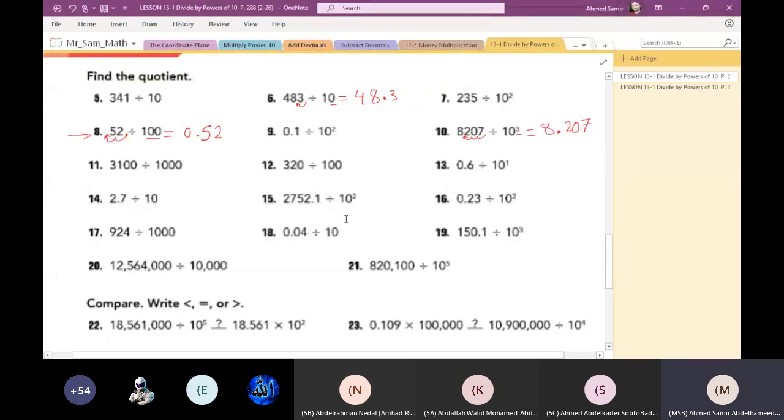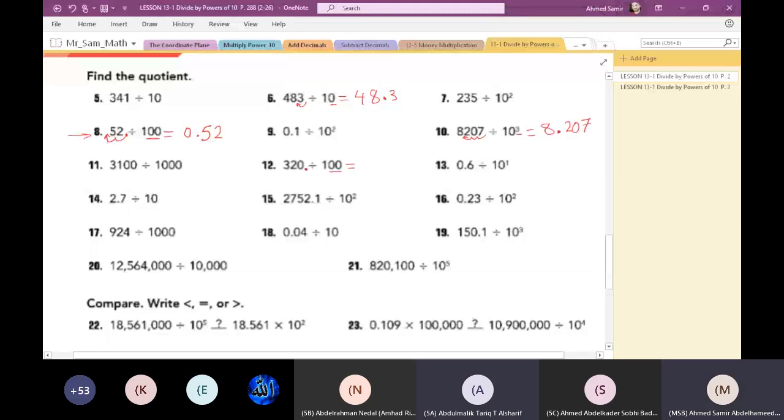Yes, Mister. Can you give me number 12, please? Okay, number 12. Because we're dividing by 100, 320 divided by 100, we will use the number of zeros to move the decimal to its place. We'll move the decimal because of the first 0, it will be after 2 and after 0, before 2.